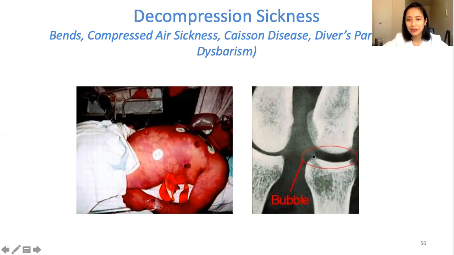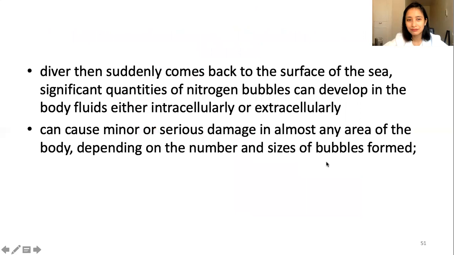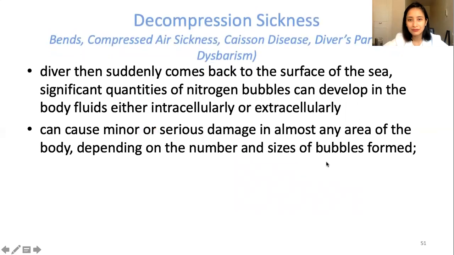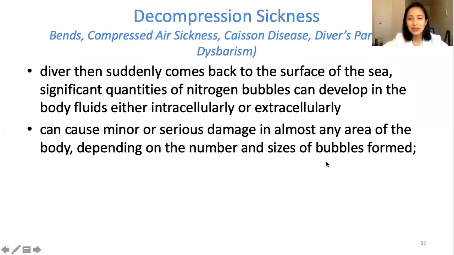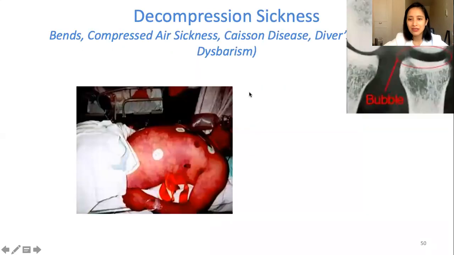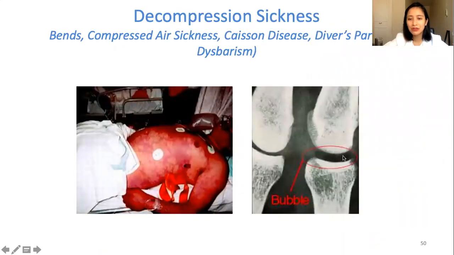There shouldn't be air there. This happens when the diver suddenly comes back to the surface of the sea. And this is because of the nitrogen bubbles that form in the body fluids, either intracellularly or extracellularly. So that's an example of a nitrogen bubble.